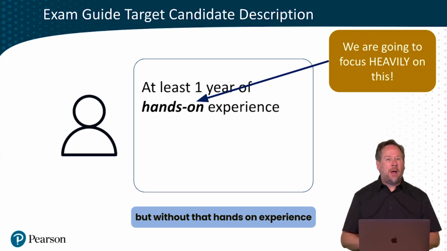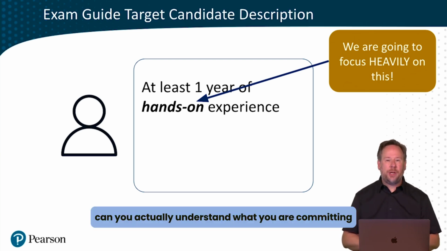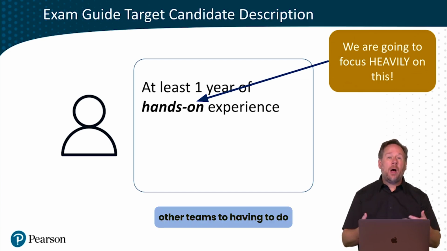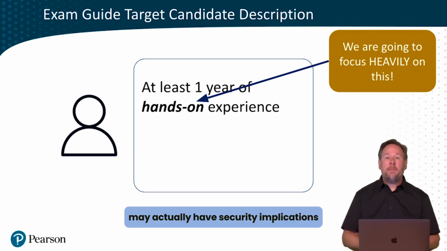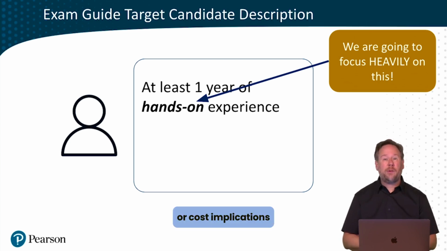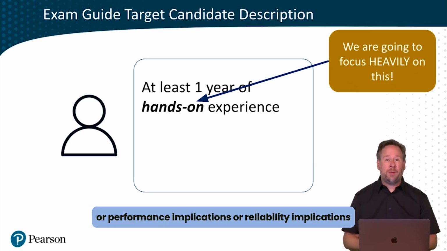But without that hands-on experience, can you actually understand what you are committing other teams to having to do in terms of operations? Those operations themselves may actually have security implications, or cost implications, or performance implications, or reliability implications.